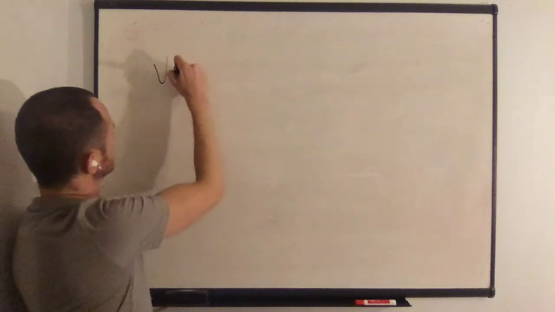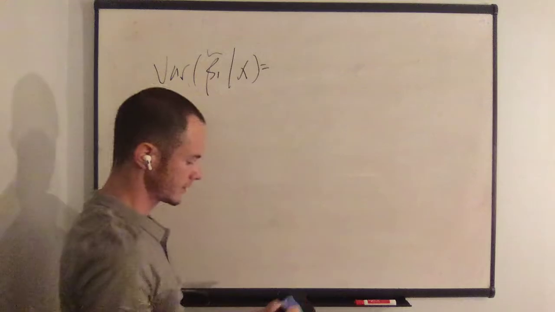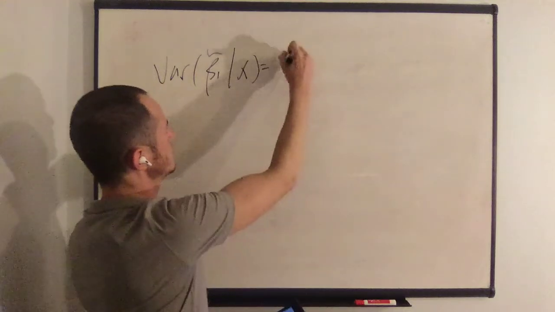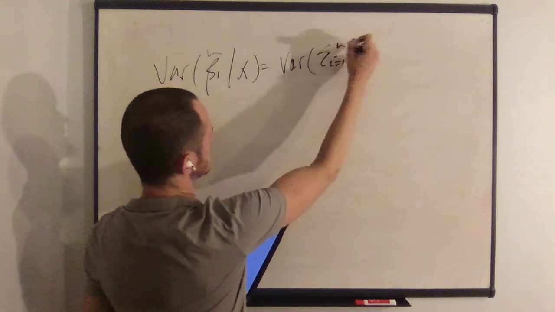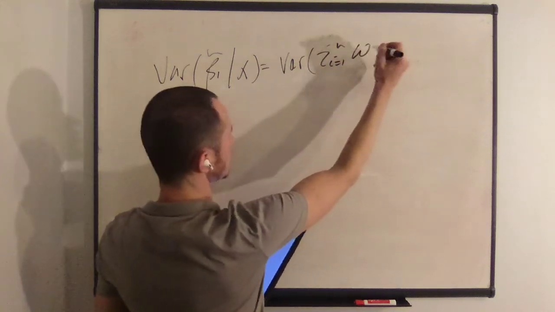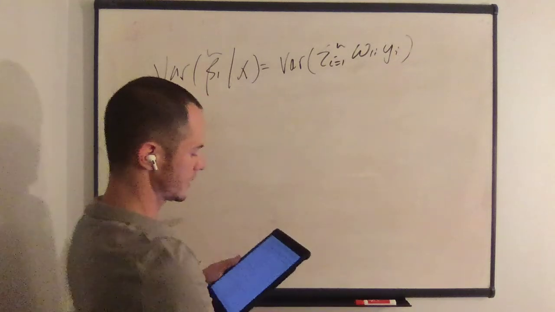The variance of beta 1 tilde given x is going to be equal to the variance of the sum from i equals 1 to n of w1i yi, right? Given x.